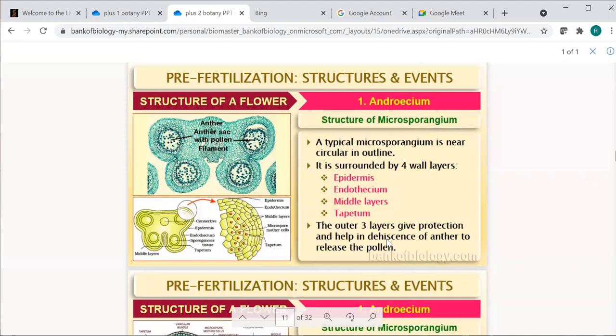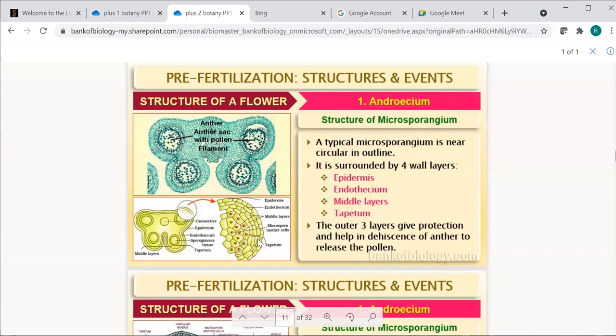Epidermis is the outermost thin layer, endothecium inside, middle layer further inside, and inside the middle layer is the tapetum. And inside that, they are the microsporangia.